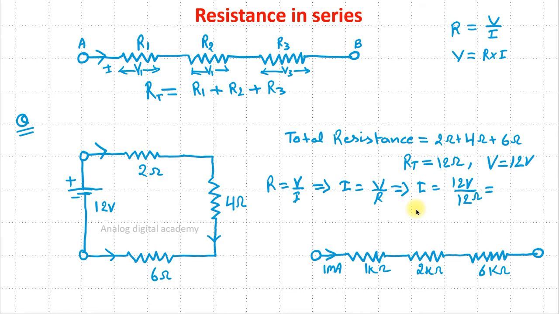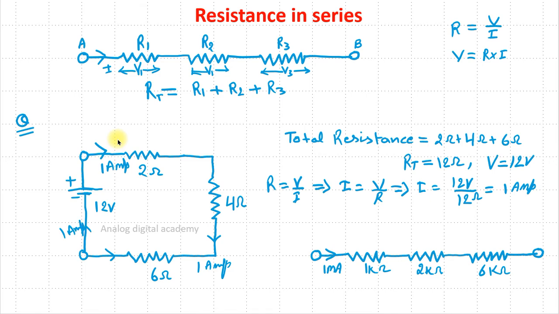So what will be the current? 1 ampere, because this is in volt and this is in ohm, so the current will be in ampere. The current is 1 ampere, and it will be the same in all resistances because the combination is in series.